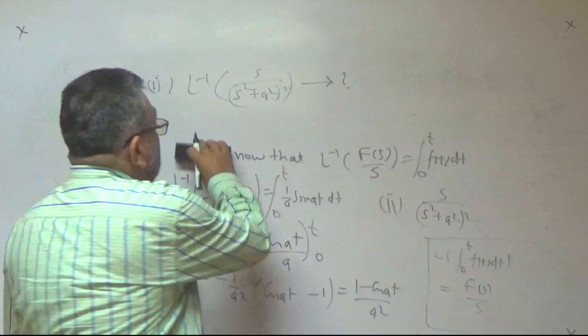Now integrate them. The integration of cos is simply sine: sine of (A minus B) U plus BT, upon A minus B, with upper limit U equal to t and lower limit 0. This is again sine of (A plus B) U minus BT upon A plus B, with upper and lower limits. Now substitute the limits.